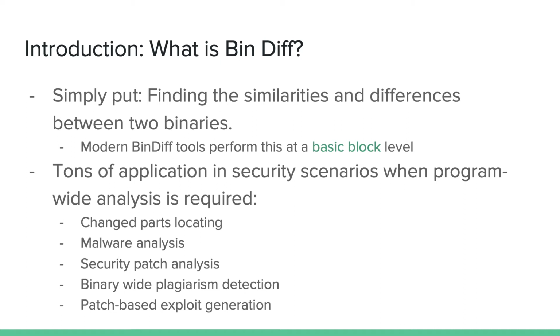Binary diffing does not only provide precise, fine-grained quantitative results, but it also explicitly reveals how the code changes across different versions, or different levels of compiler optimizations and things like that.